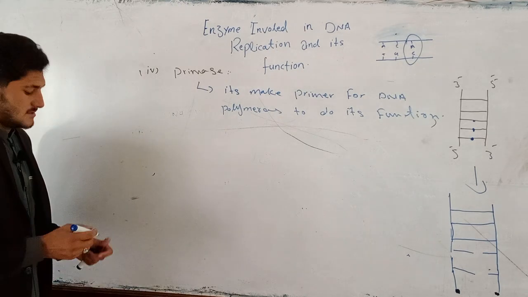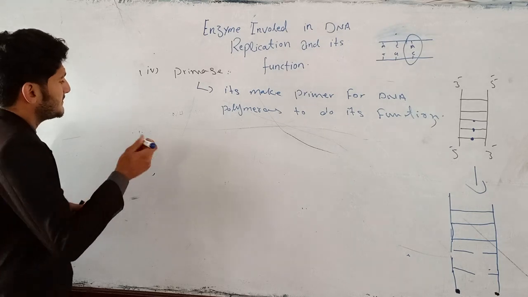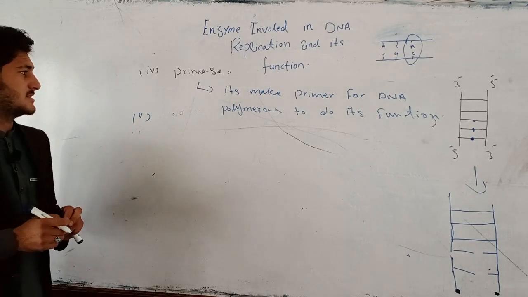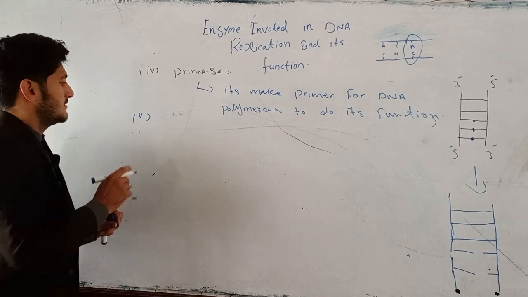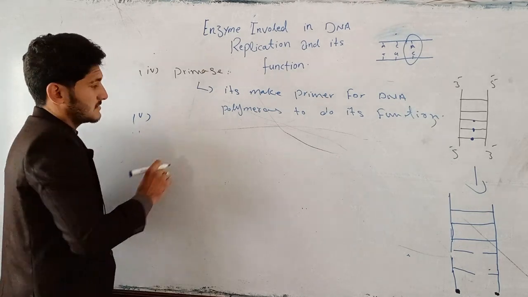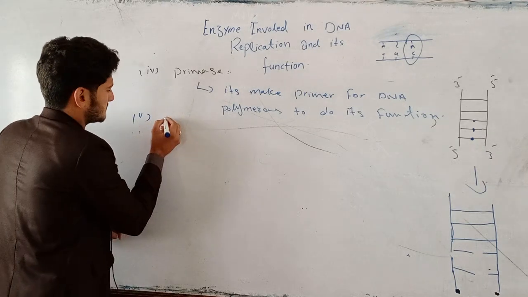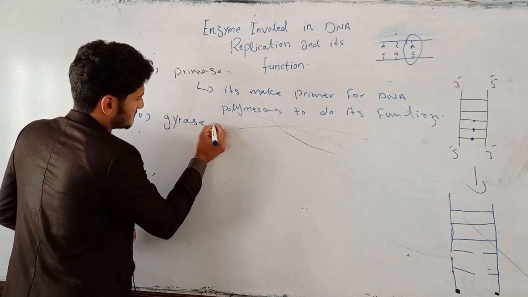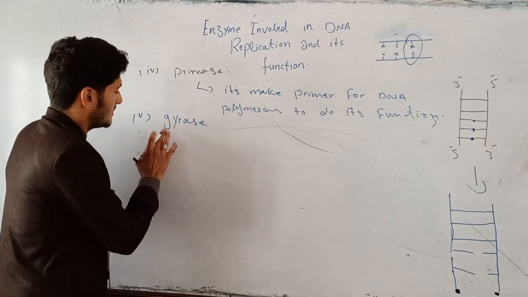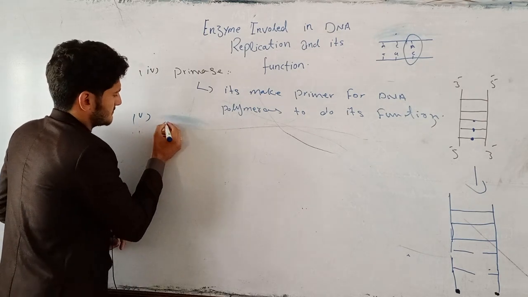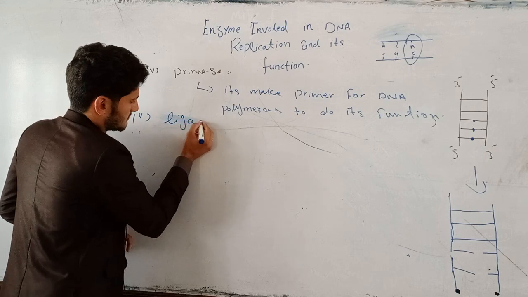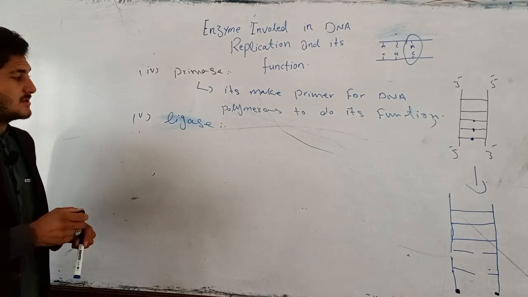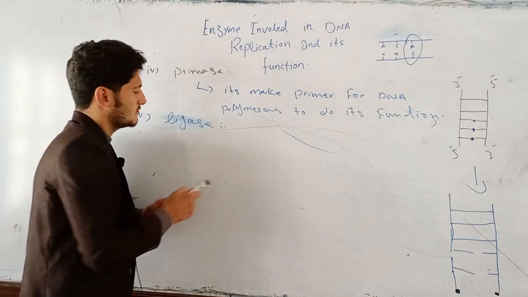Now the fifth enzyme involved in the process of DNA replication is basically ligase. Ligase is also known as molecular glue.